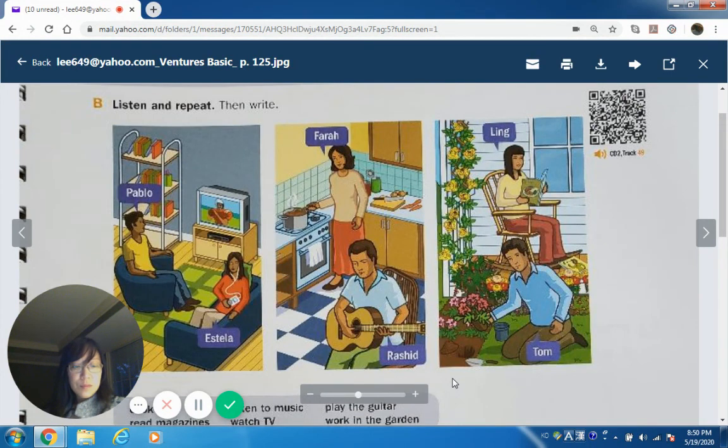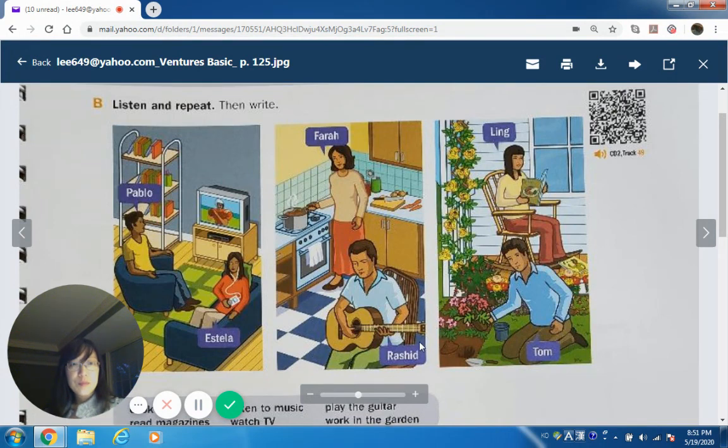What does Tom like to do? Work in the garden. 3. What does Rashid like to do? Here's Rashid. Play the guitar. He likes to play the guitar.